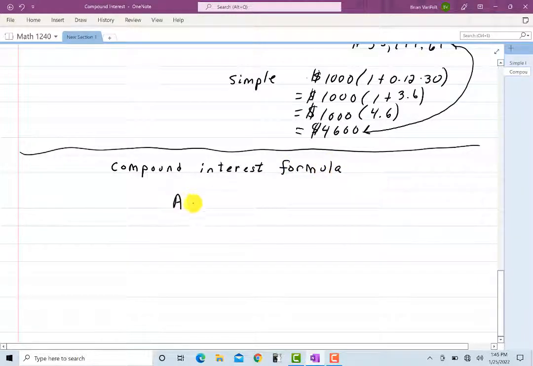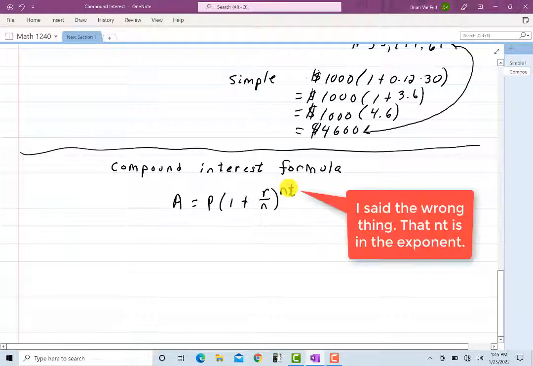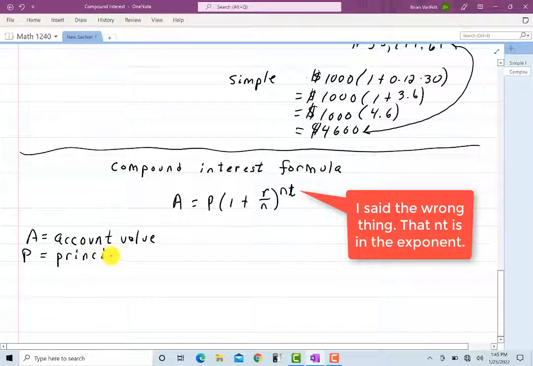And it looks like this. I have the amount A is equal to the principal times 1 plus R divided by N, to the NT. What are all these symbols? We've already done this. A is the account value. P is the principal. R is the APR, the annual percentage rate.